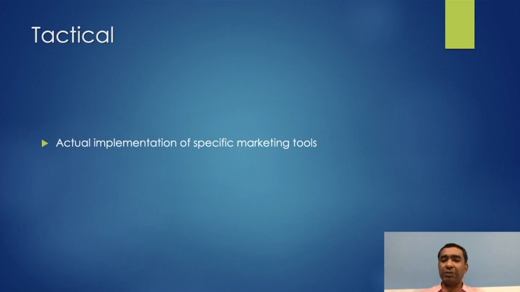Okay, so actual implementation of specific marketing tools is basically your tactical. As I mentioned, remote selling, your people who are going to sell your product to different types of localities.